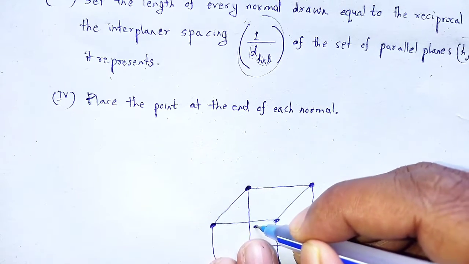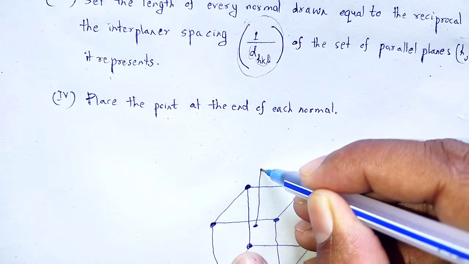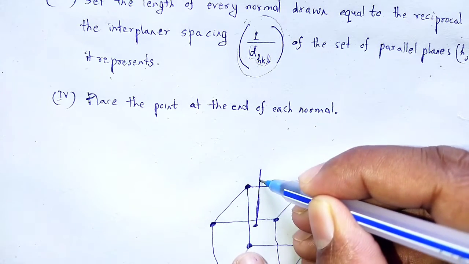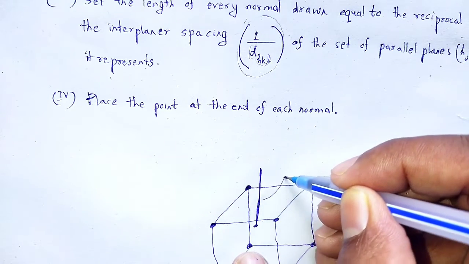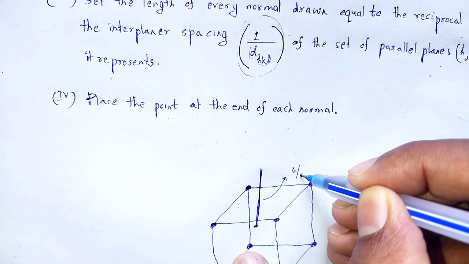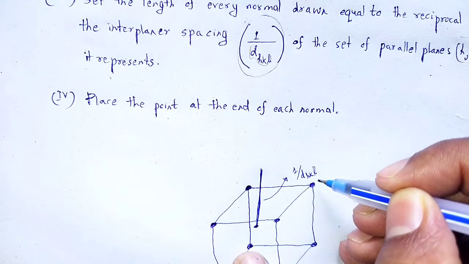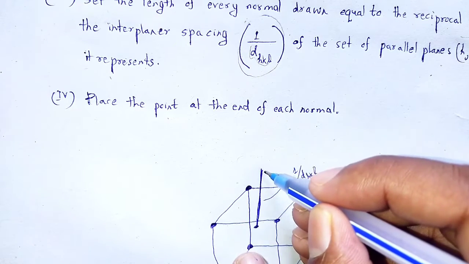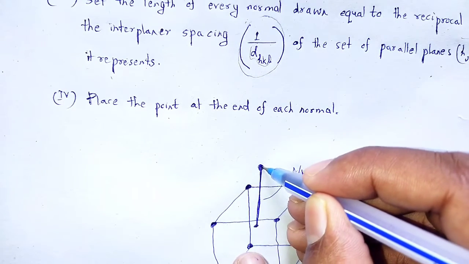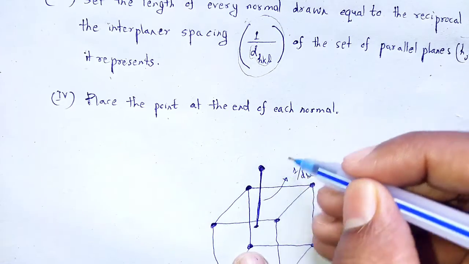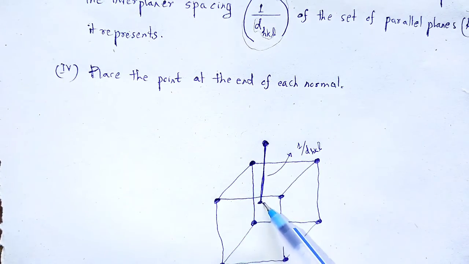From that point, we draw the normal to this plane, its length being 1 divided by d of hkl, and finally we place a point at the end of each normal.